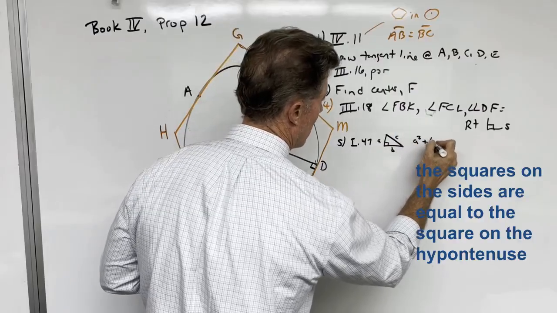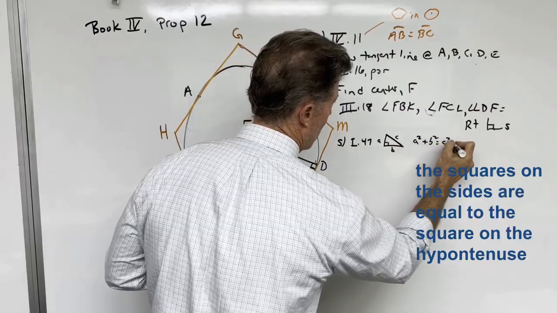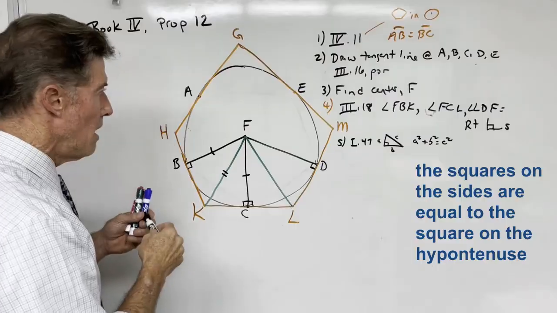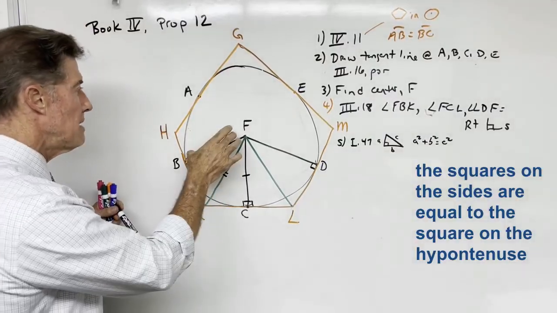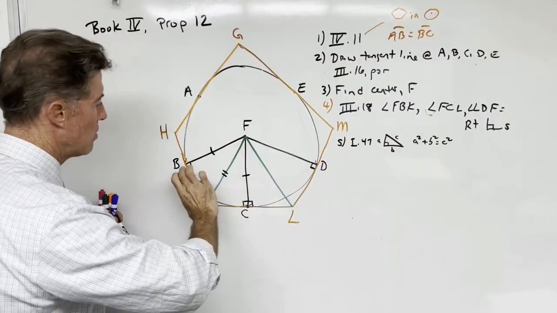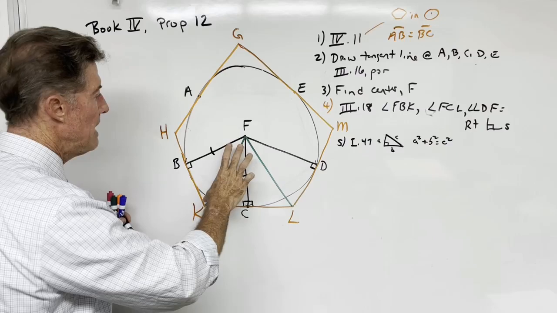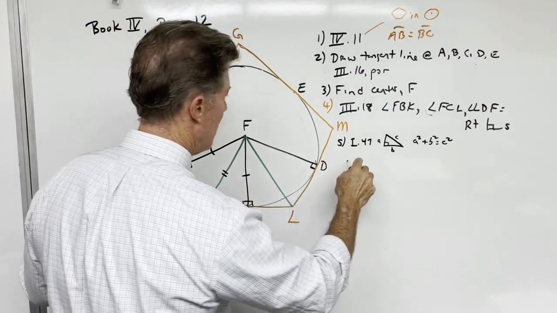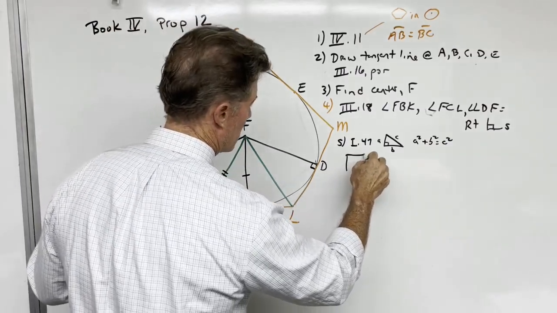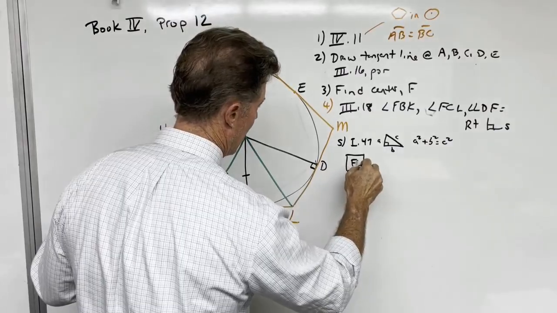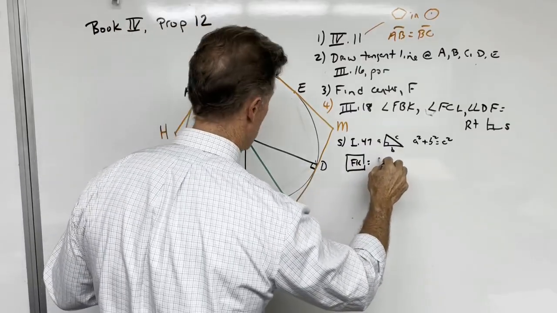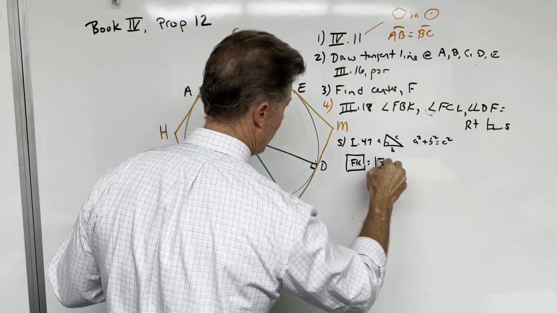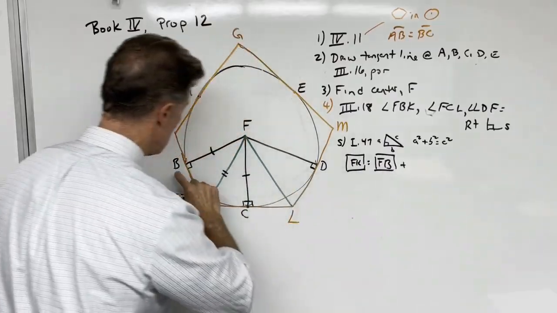Or A squared plus B squared equals C squared. So that's true for both of these triangles. So the square on FK is equal to the square on FB plus the square on BK.